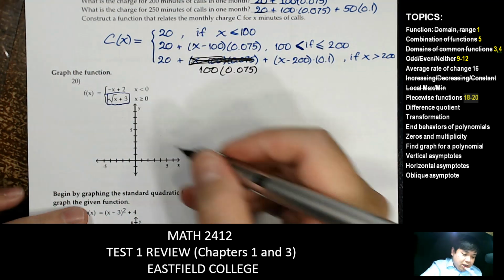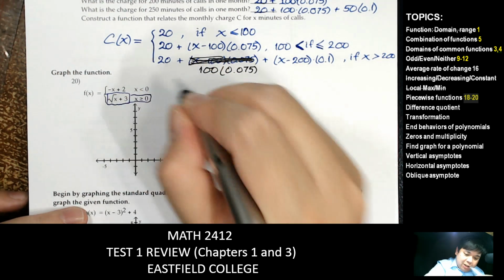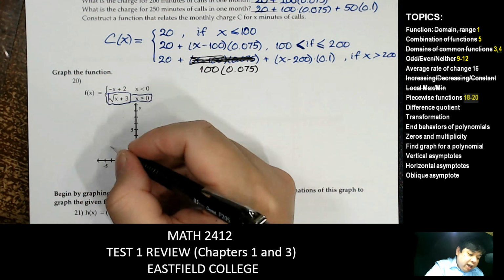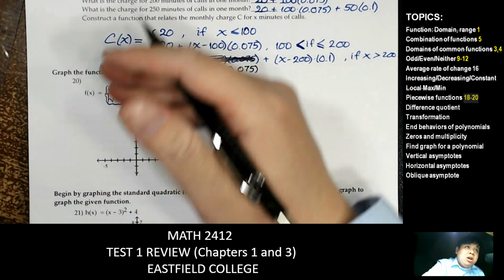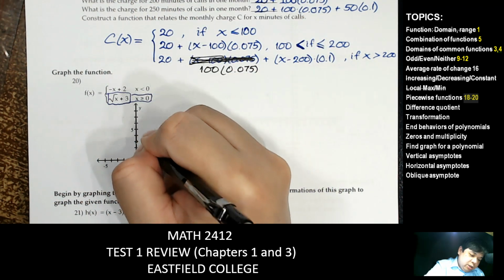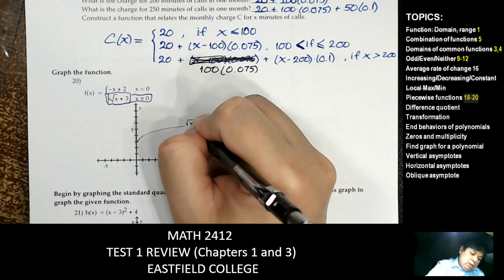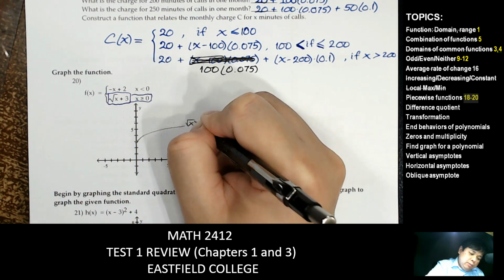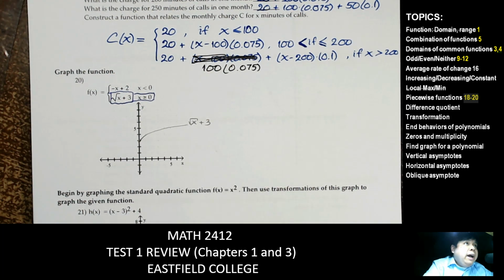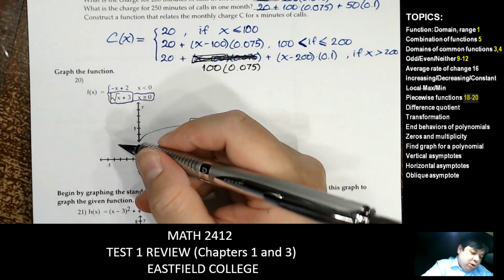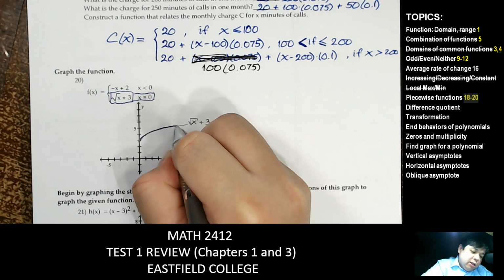I'm going to do that in pencil because I might need to erase some. So square root of x is this, plus 3 will go up 3 units. That's good, and this is exactly what we want, x greater than or equal to 0. So yes, that's what the graph of the function looks like.